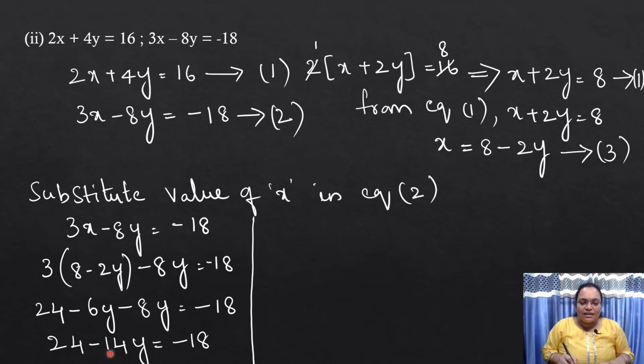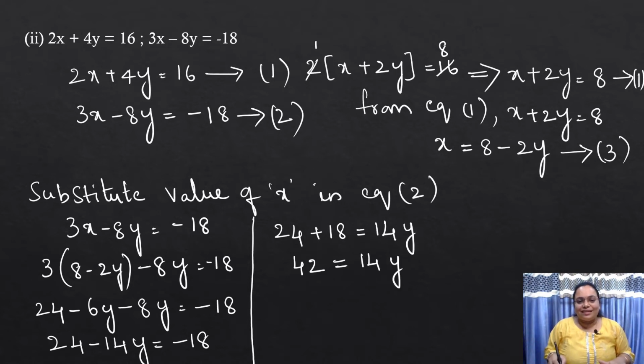So we will send minus 14y to the RHS and we will get minus 18 to the LHS. Okay. So this becomes 24 plus 18 is equal to 14y. 42 is equal to 14y. So y is equal to 42 divided by 14. 14 ones are 14 and 14 threes are 42.